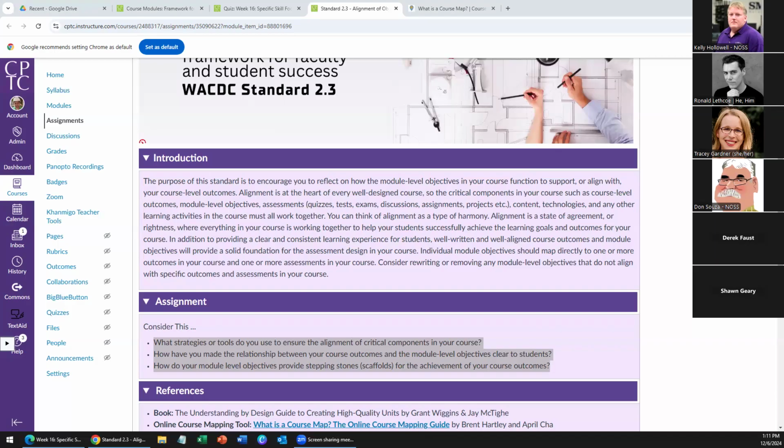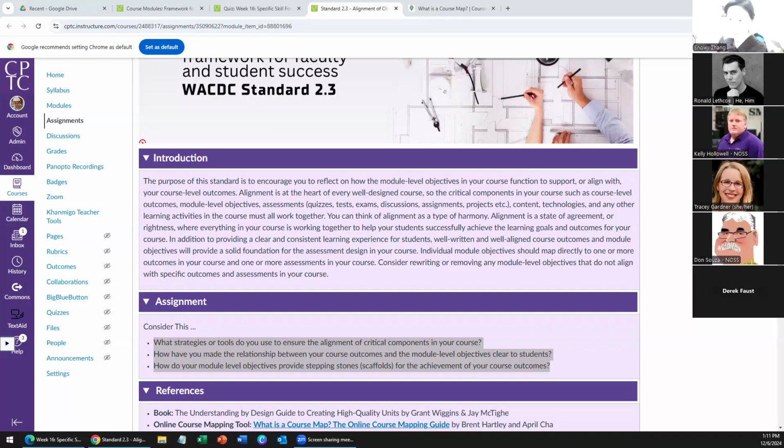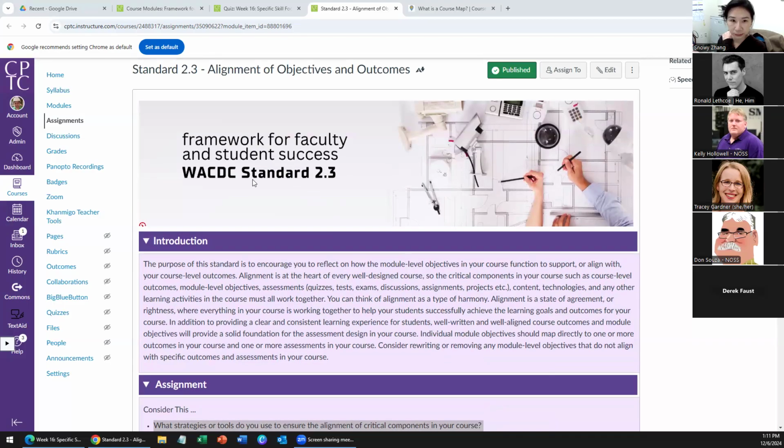We've got a couple work groups set up to help with that alignment for the college-wide learning outcomes. And I saw Snowy just joined us, so I would be happy to hear your perspective. We're talking about standard 2.3, the alignment of objectives and outcomes.